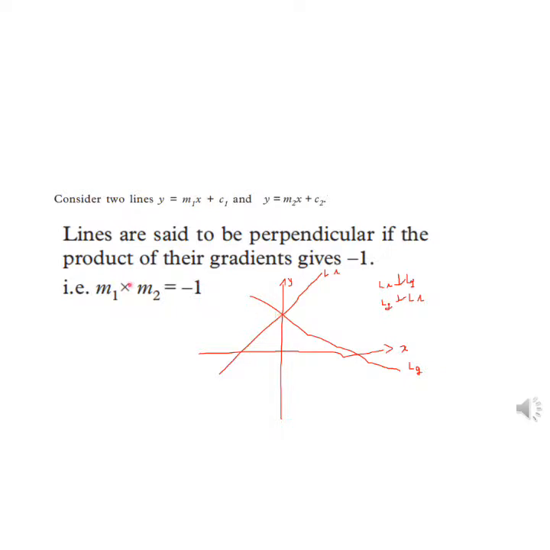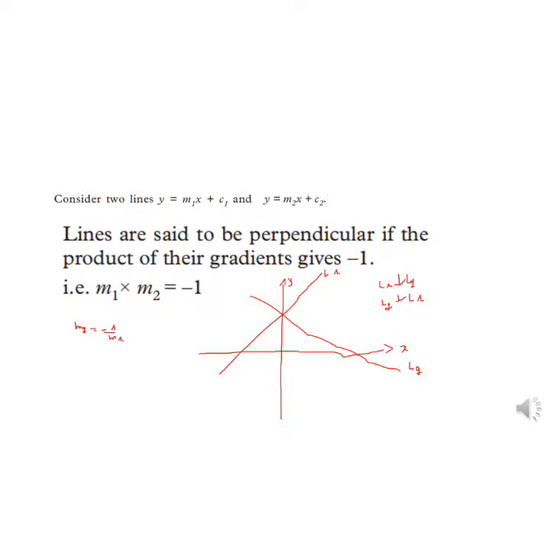Okay, so now if you have m1 times m2 is equal to -1, you can find m2, the gradient of the second equation. m2 is equal to -1 over m1.